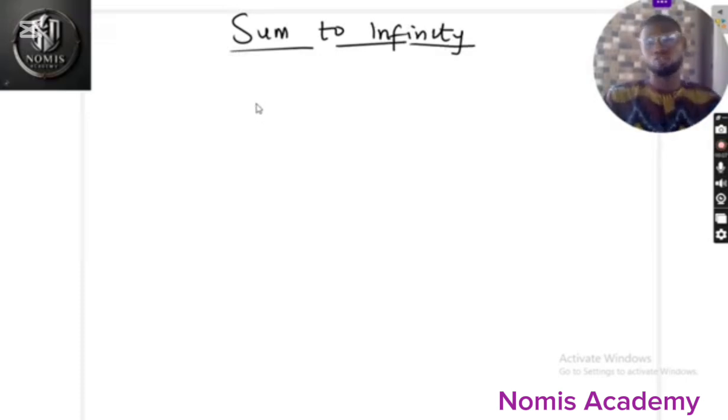It's about geometric progression. For arithmetic progression, sum to infinity does not exist because the terms of an arithmetic progression keep growing, but we can calculate the sum of a geometric progression to infinity, though there is still a limitation.